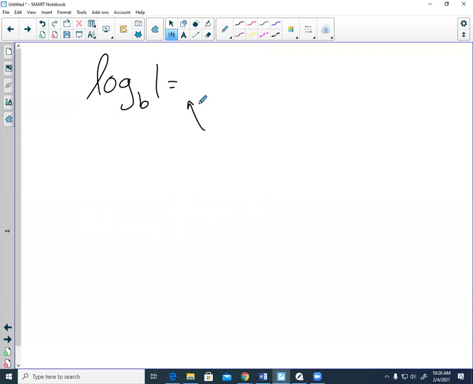Because right now this makes no sense, right? This is a different language to me on the board right now. Log base b of 1, no clue what it means. So put it into a term that you're comfortable with, a term that you know how to use, and tell me what number is going to be on the right side of that equation.